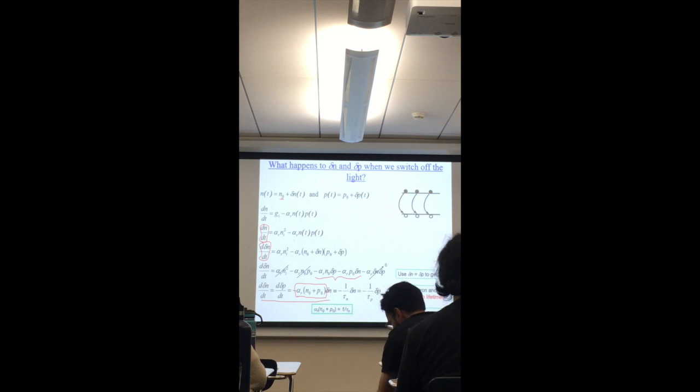Now we can write this as negative 1 over tau times delta n. This term represents how the excess carriers decay, basically due to recombination. You also notice that for electrons and holes, the recombination lifetime and the recombination rate are the same.